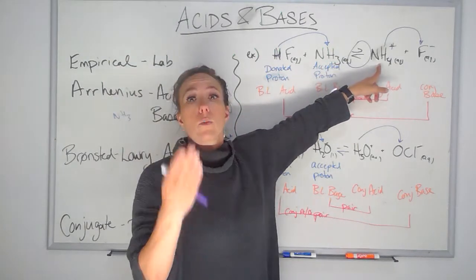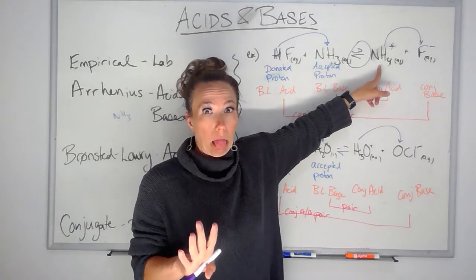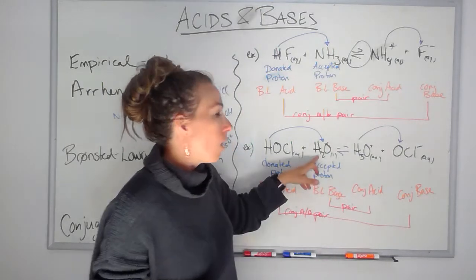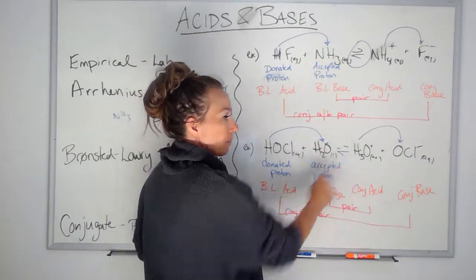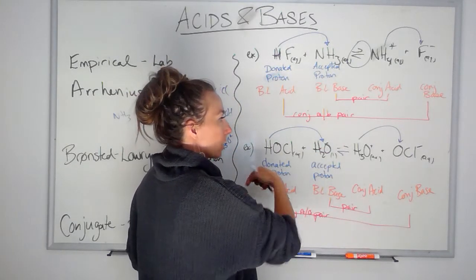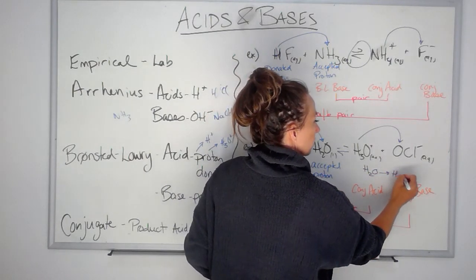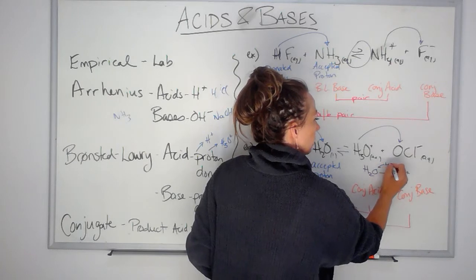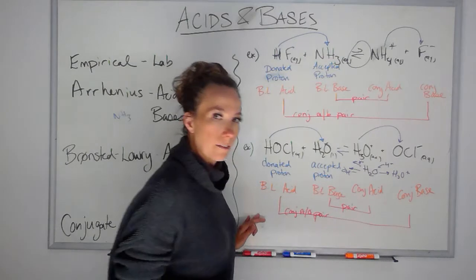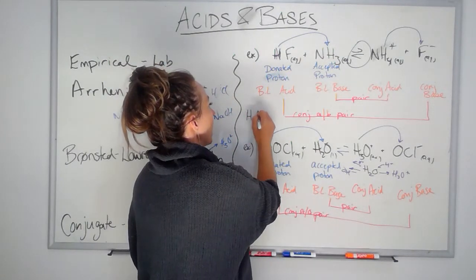This could only give away a proton, it couldn't accept another one and become NH5 2+, right? But some are called amphiprotic. So water could either accept a proton and become this, or it can donate a proton and become OH-. So H2O could become H3O+ by gaining a proton, or it could lose a proton and become OH-. So some of these things are amphiprotic. I'll give you another one that's amphiprotic.